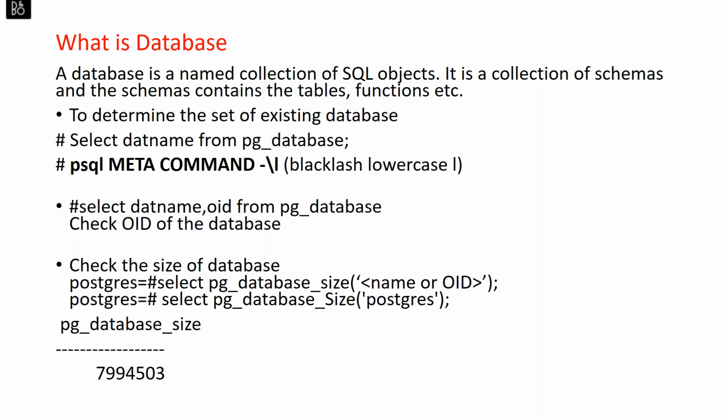Is this a command, or is this a table, pg_database_size? Yeah, this is a function. This is an internal function which is automatically provided by Postgres. If you execute it, it calculates the size of the database, the size of all the files for the tables, indexes, and everything, and gives you the size. Okay, yeah, perfect. Got it.